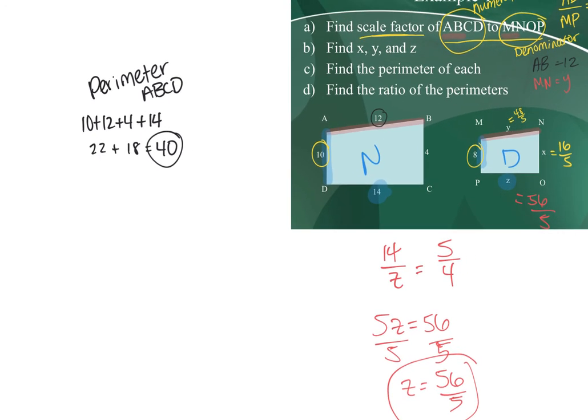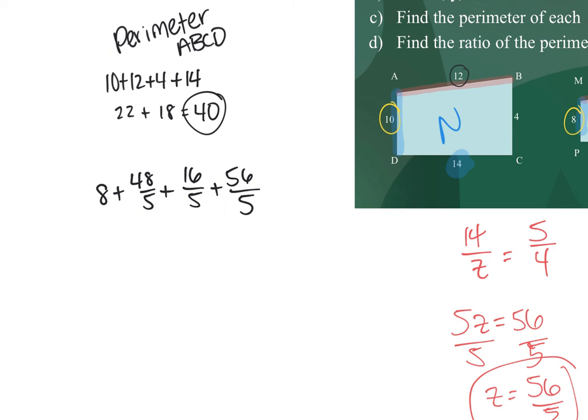So we're going to have to add fractions. So this is going to be 8 plus 48 over 5 plus 16 over 5 plus 56 over 5. So let's change everything to have a denominator of 5. So 8 changed to have a denominator of 5 is going to be 40 over 5 plus 48 over 5 plus 16 over 5 plus 56 over 5.